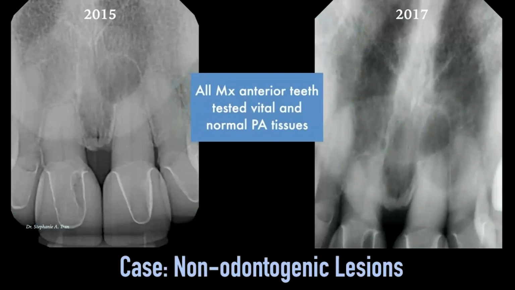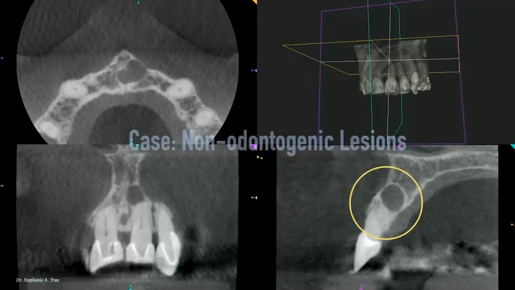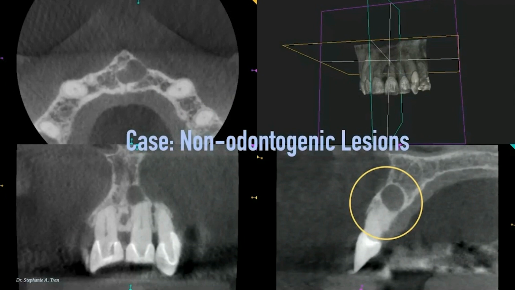So a CBCT is recommended in this case, so we can see why there is a periapical radiolucency, if there is one, and where it's coming from. So we can see in this 3D scan that there is a radiolucency, but we can see it's actually slightly away from the apex, and it's an example of a non-odontogenic lesion.